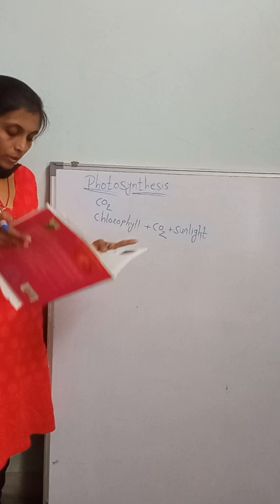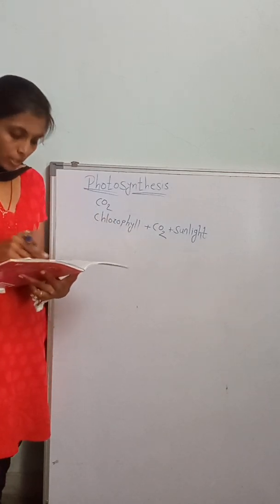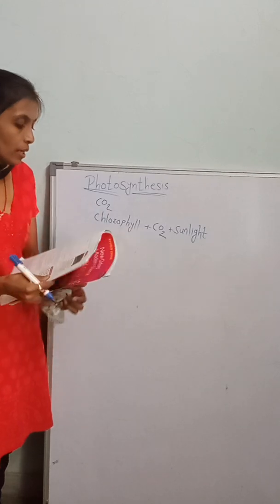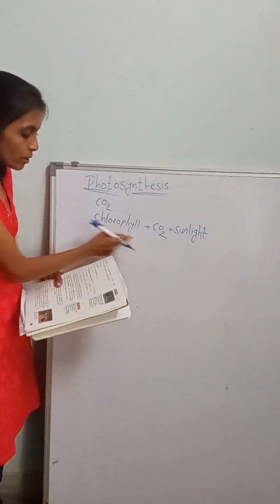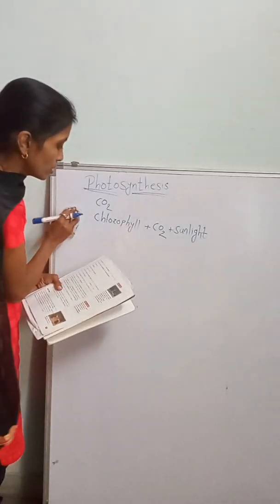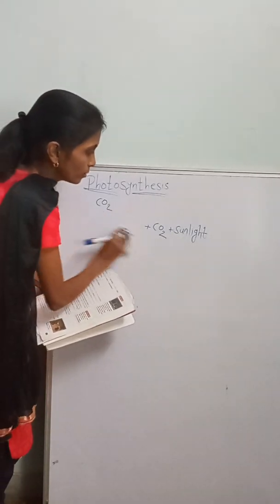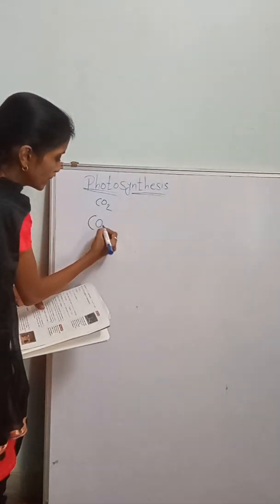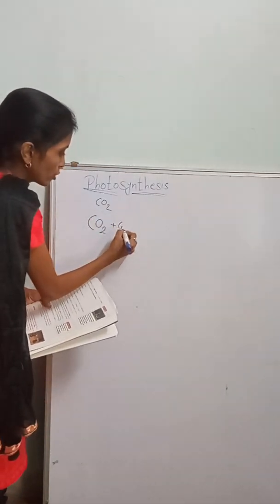The following equation summarizes the process of photosynthesis. Chlorophyll, and you can see one more factor here: carbon dioxide, that is CO2, plus water.